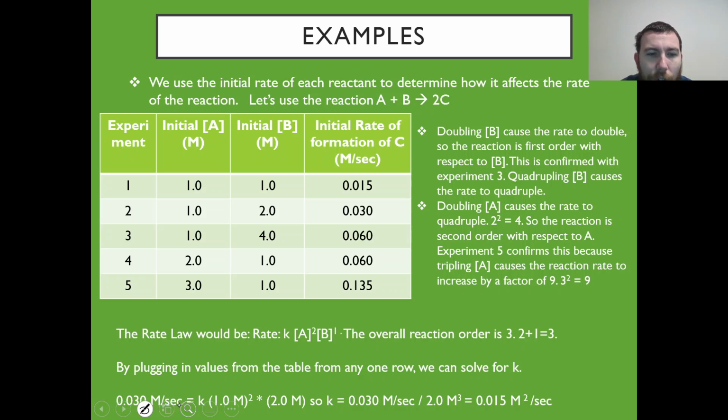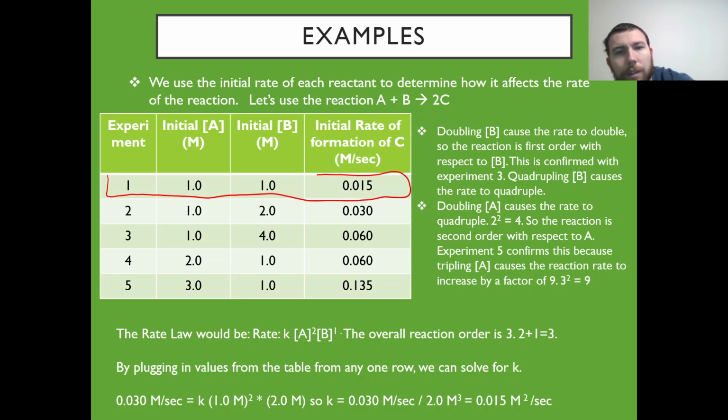What we're going to be tasked with doing is trying to isolate experiments to where we can find changes specifically in A and changes specifically in B. Now, for me, one of the things I want to do is find an experiment where A and B are very similar, if not the same. And so experiment 1 is going to serve as our baseline for making our comparisons for reactant A and reactant B.